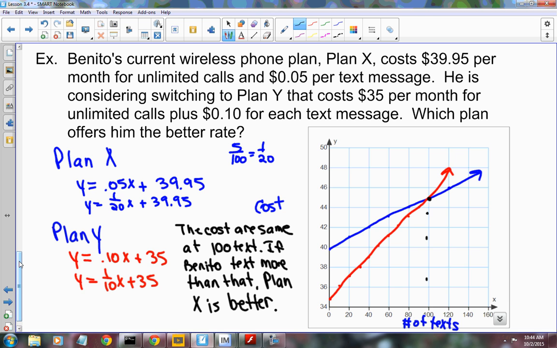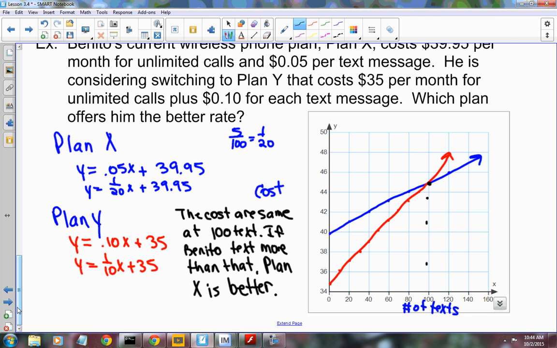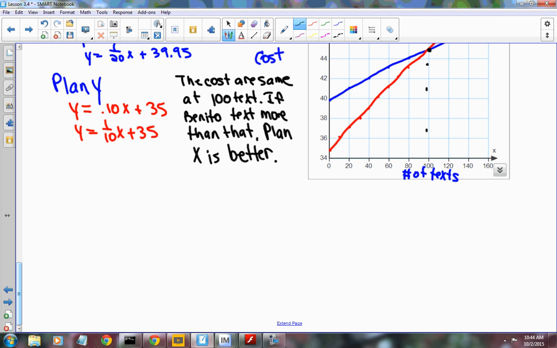Okay, I got to show you one more thing real quick. This is on your worksheet, and I didn't do one like this. Let's say that I told you that your x-intercept was 2 and your y-intercept was -3. And I want the equation of the line. Well, I have my y-intercept, right? But what do I need?